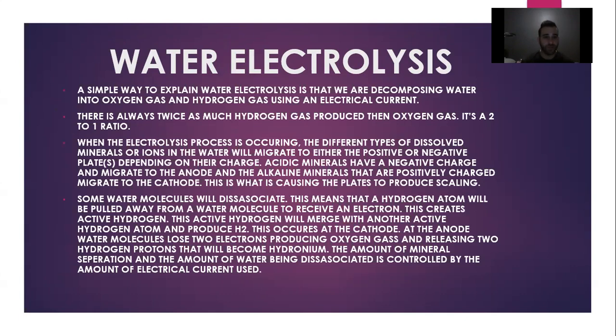The amount of mineral separation and the amount of water being disassociated is controlled by the amount of electrical current used. If you want more water molecules disassociated, and you want the water to be more alkaline, because the pH of the water is a byproduct, the more you crank up the electricity, the more you crank out the amps, the more you increase the output of electrical current, you're going to be putting more electrons in the water.